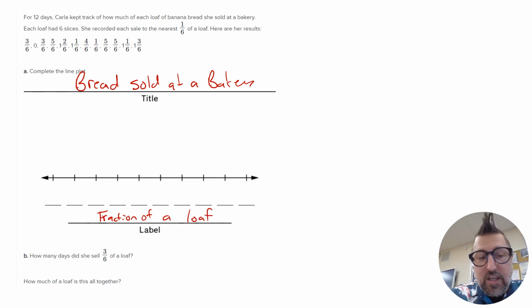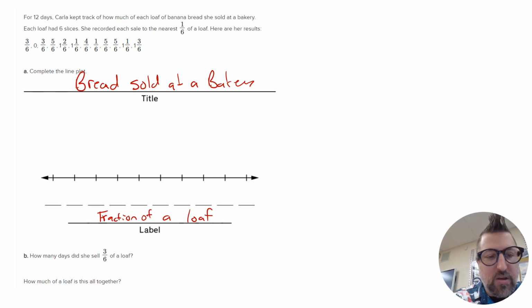And then finally, in order to get our scale, I want to take a look at what my lowest fraction of a loaf is and what my highest fraction is. My lowest is pretty easy. I have a 0 here. And then my highest, 1 2/6, 1 1/6, 1 3/6, looks like my highest.